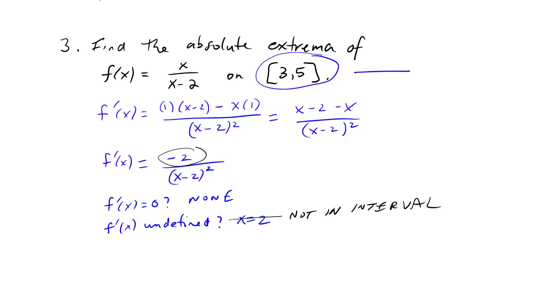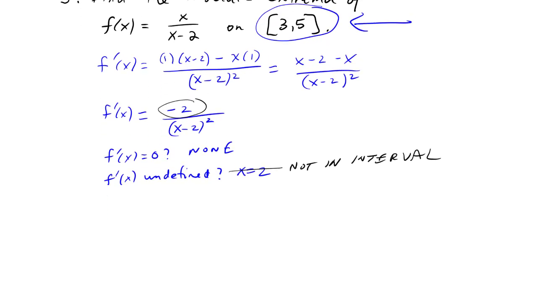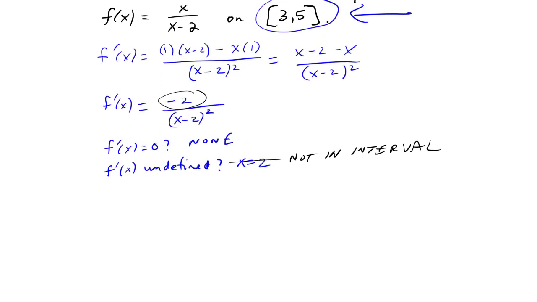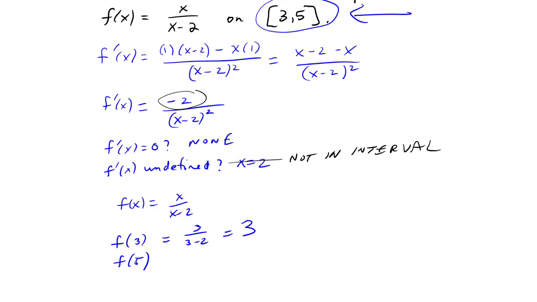But remember, we still have the endpoints. So I'm still going to take my original function, and I'm going to evaluate it at 3 and at 5, my endpoints. So I get 3 over 3 minus 2, which is just 3, and I get 5 over 5 minus 2, which is 5/3.